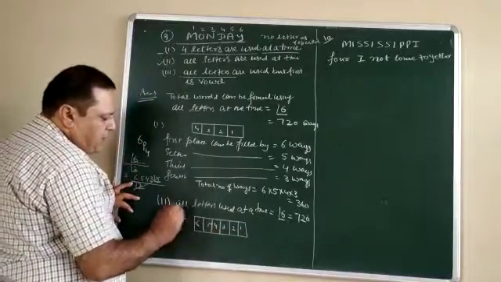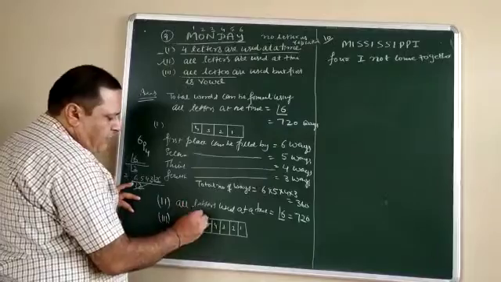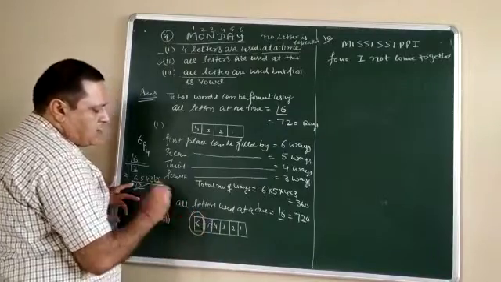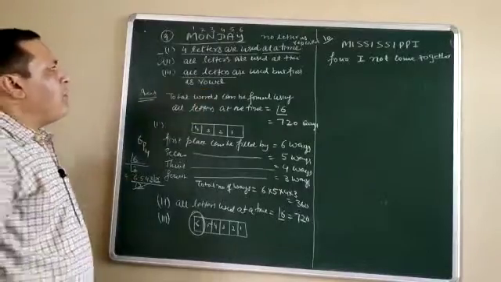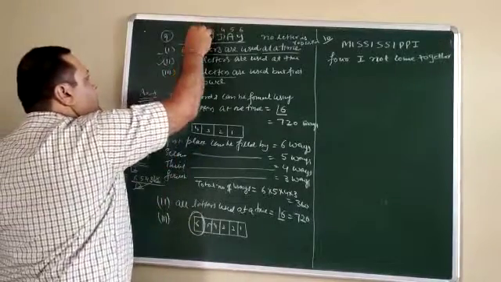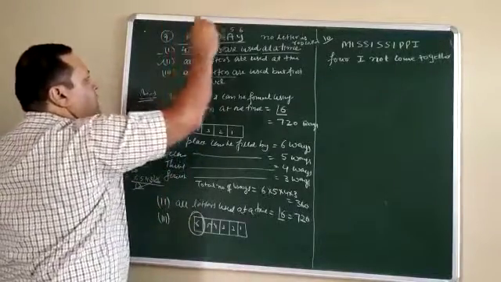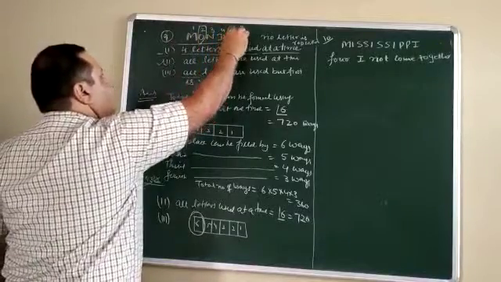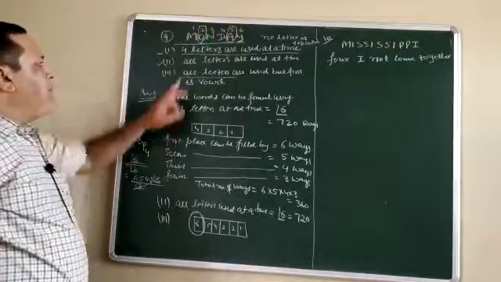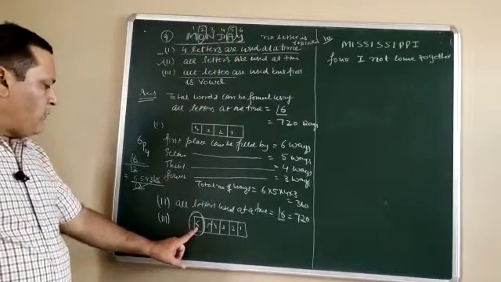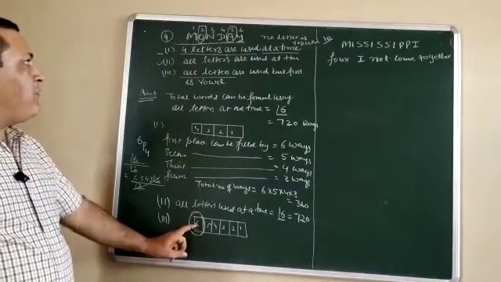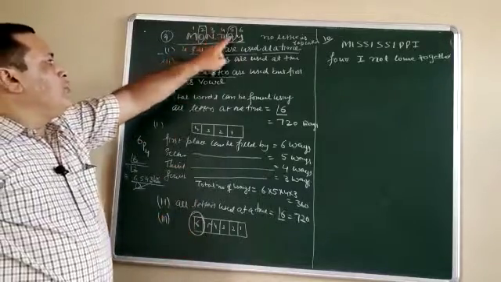This first place is to be filled by a vowel. Now how many vowels are there? See, O is a vowel, A is a vowel, while M, N, D and Y are not vowels. So this first place can be filled in 2 ways.